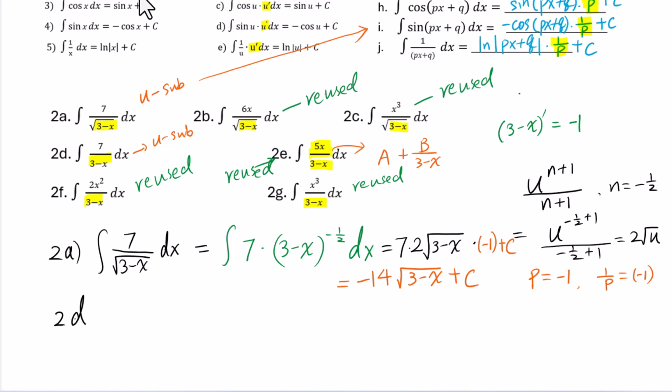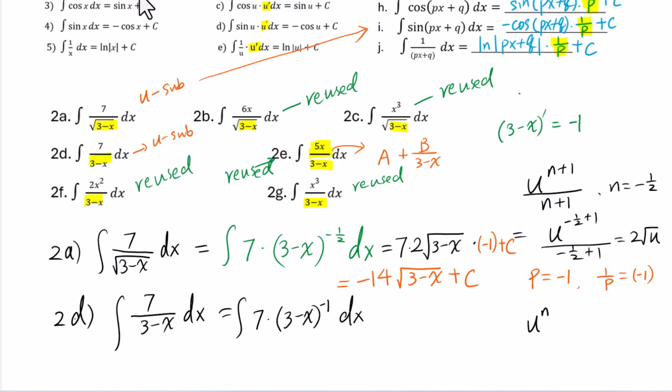For 2d, very likely some students thought this would be power rule, so they change this into 7 times 3 minus x to the -1st power dx. Then u to the power of n plus 1 over n plus 1. When n equals -1, you will get u to the 0 power over 0.